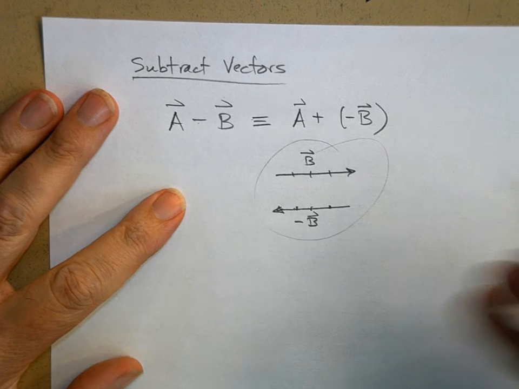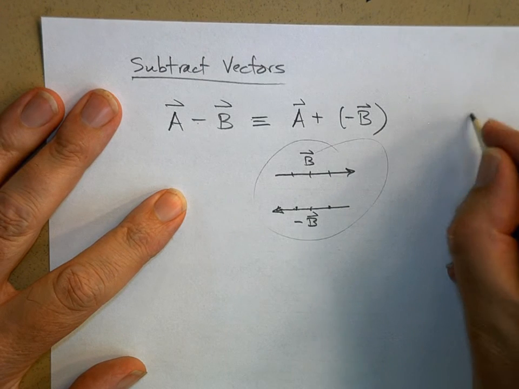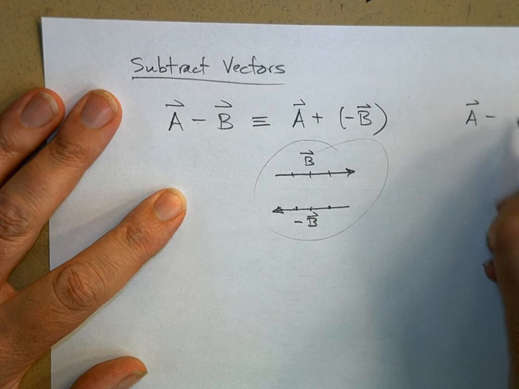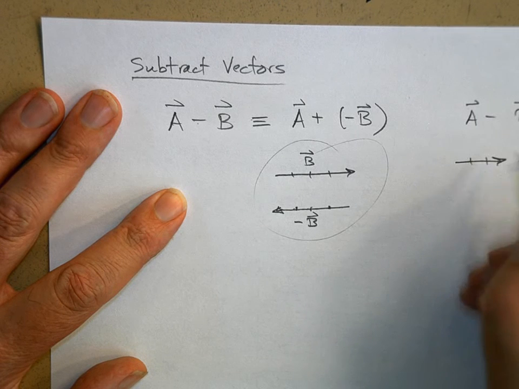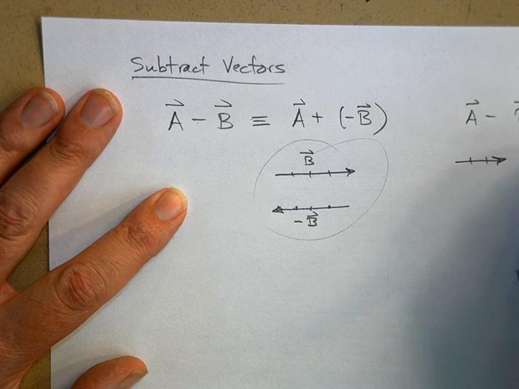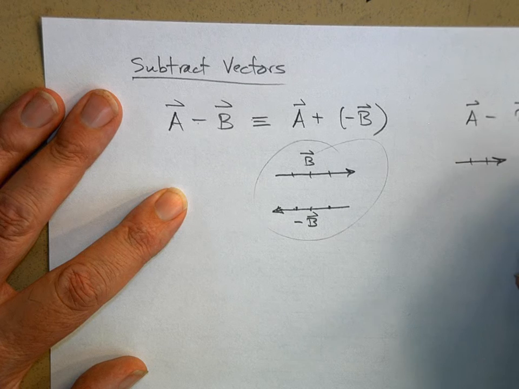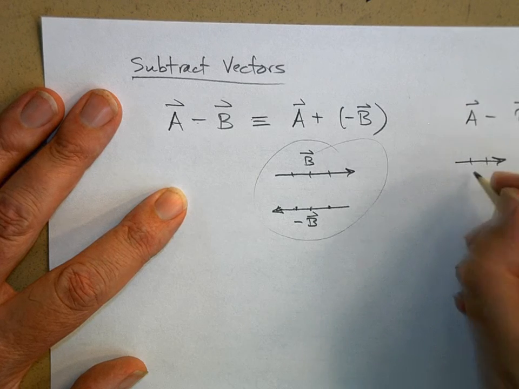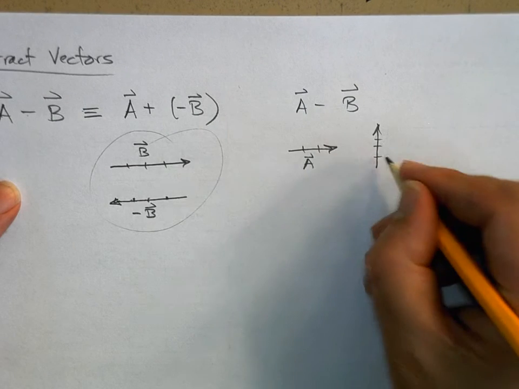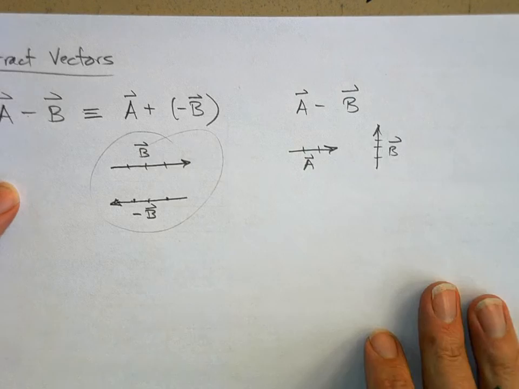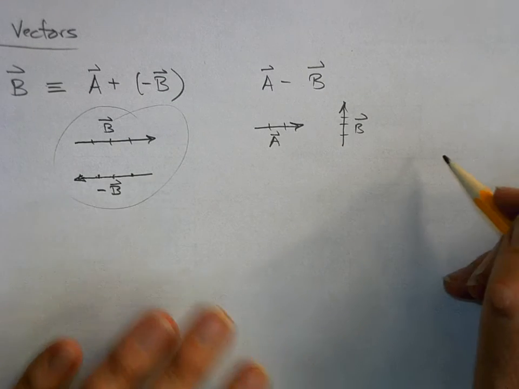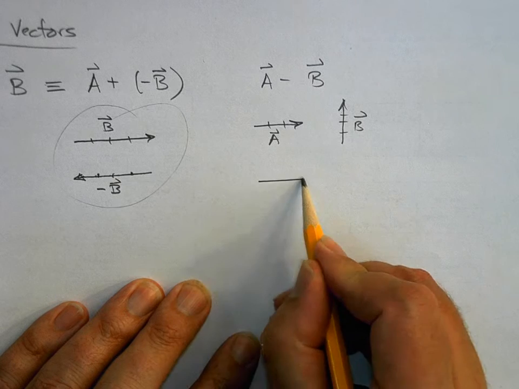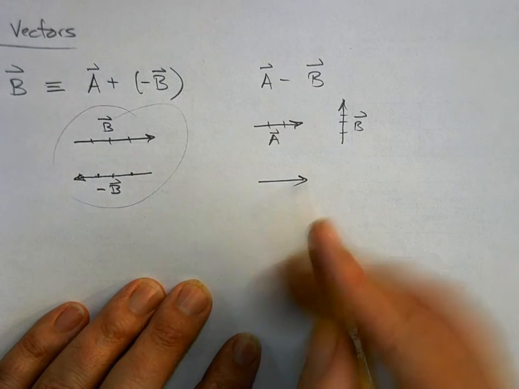But let's do a minus b, but it looks like this. Let's say a is 1, 2, 3 units long, and b looks like this, 1, 2, 3, 4 units up. This is a, and this is b. And I want to go, what is a minus b? So you take a, you lay it down, just start with a again.